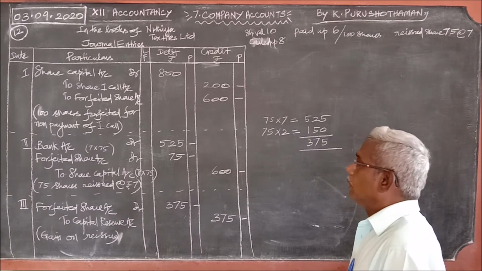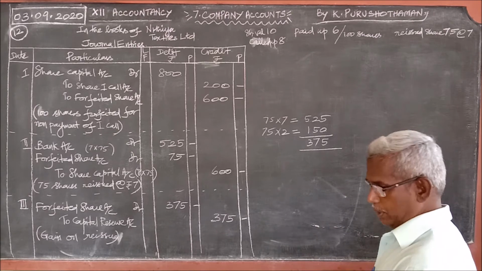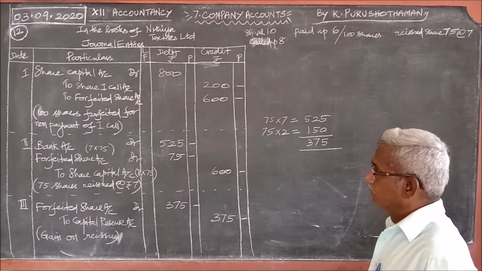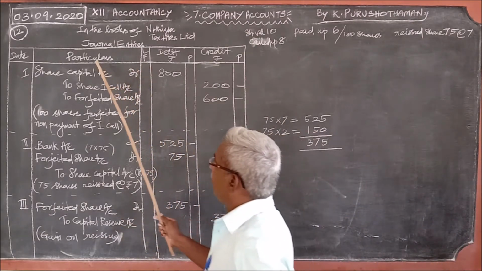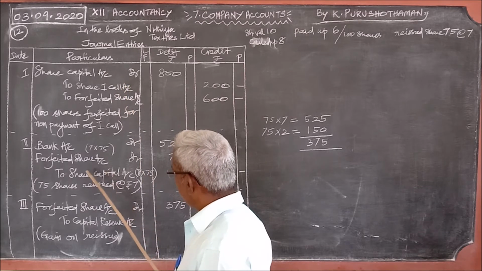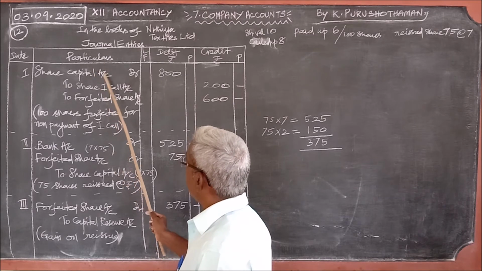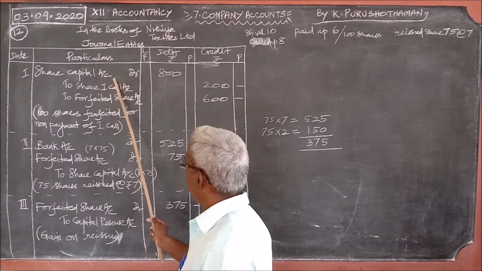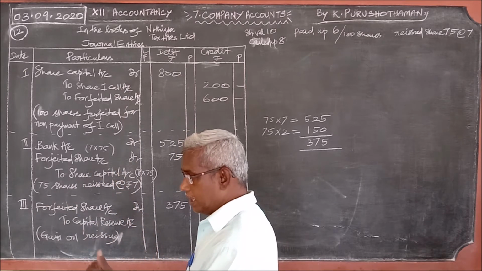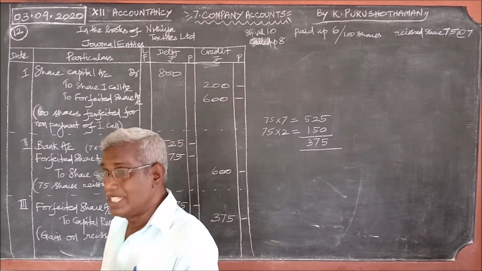Out of those 100 shares, only 75 shares were reissued at rupees 7. So for forfeiture, share capital account on the debit. For reissue, the share capital account on the credit. You should note it. Since it is reissued, then automatically the company will receive the amount.